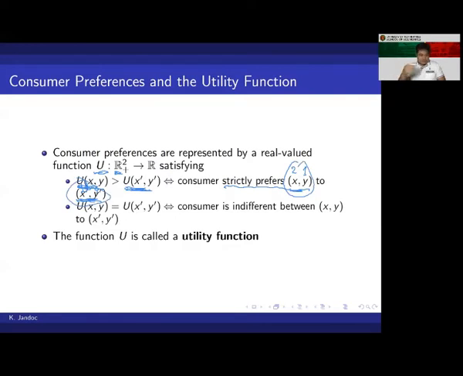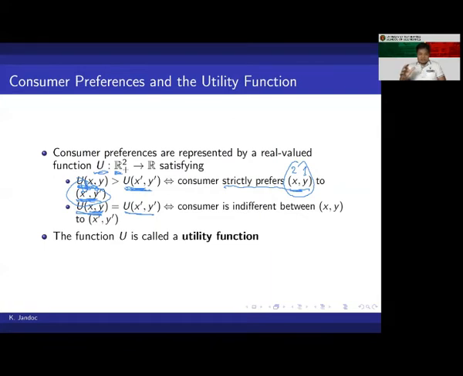And if the utility function spits out a number when you enter bundle xy which is equal to the number it spits out when the bundle is x prime y prime, then we say that the consumer is indifferent between the bundle xy and the bundle x prime y prime.